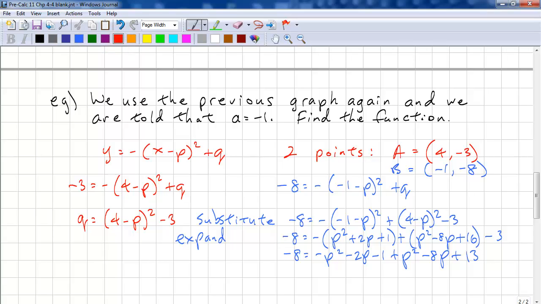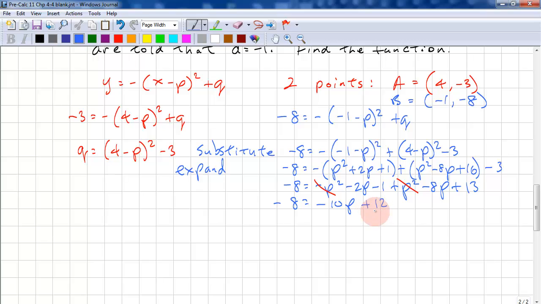We can cancel now. We have a negative p squared and a positive p squared. And let's collect the like terms. We have -8 equals negative 2p minus 8p, that's negative 10p. And negative 1 plus 13, that's plus 12. Move the plus 12 over to the other side, it's minus 20.